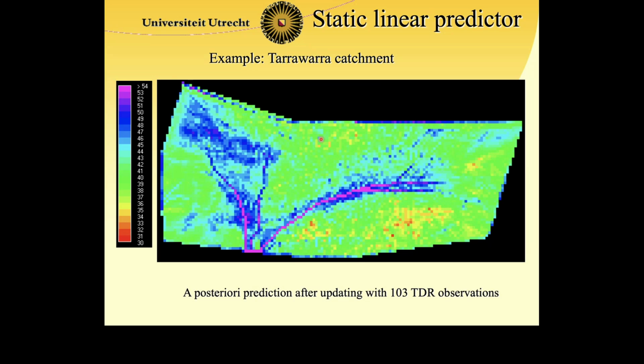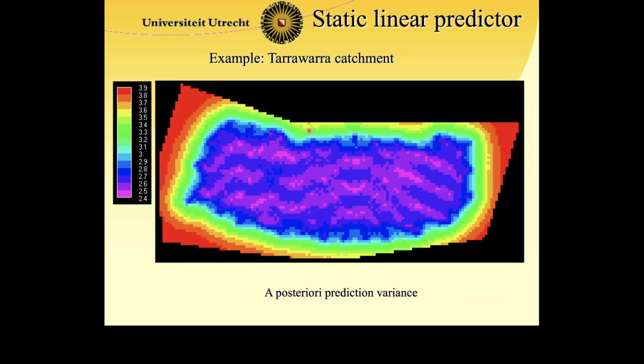And of course we also have P, which is the covariance of the prediction error. If we take the diagonal of that, which are the prediction error variances at each location, we can make a map of that, and you can see that the prediction error variances are going to be large at the edges where there's no observations.